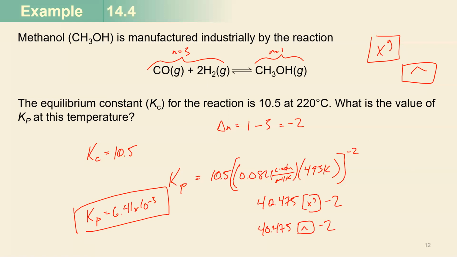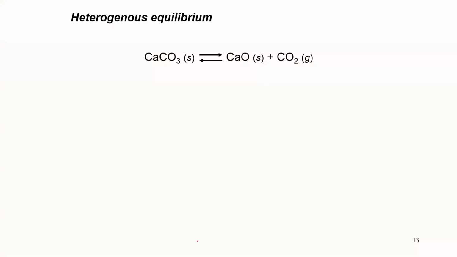All right. Well, the last thing we're going to end with today is we talked about homogeneous equilibrium. Now we're going to talk about heterogeneous equilibrium. So this is the case where all of our states are not the same, right? All of our phases are not all the same.